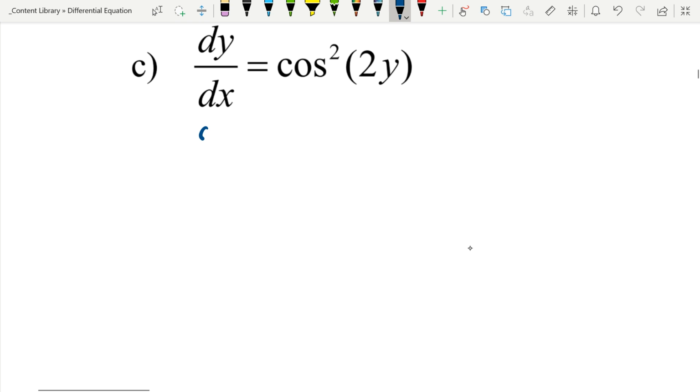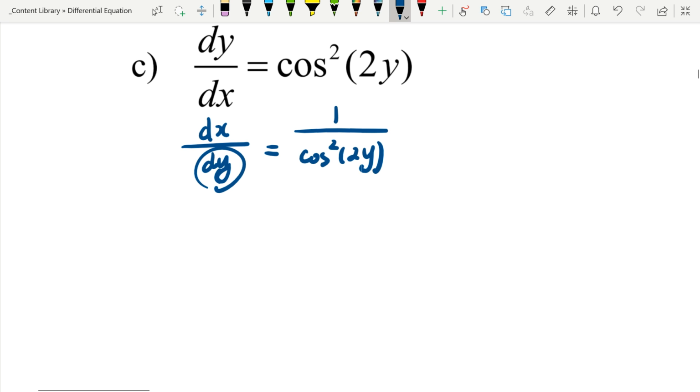Yes, correct. Thank you. So we need to have the bottom one have the same variable on your right hand side. Otherwise, you can't just antidifferentiate both sides. So if we flip it, that becomes 1 over cosine squared of 2y. We have that. And dx/dy is basically the sec squared of 2y.